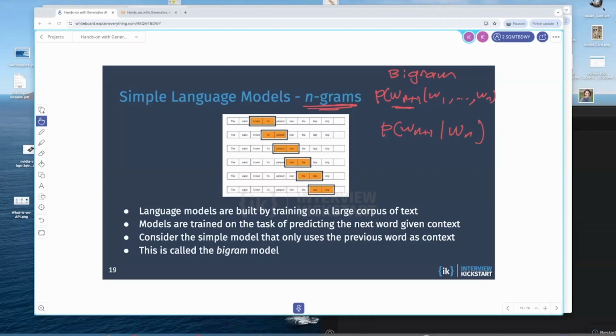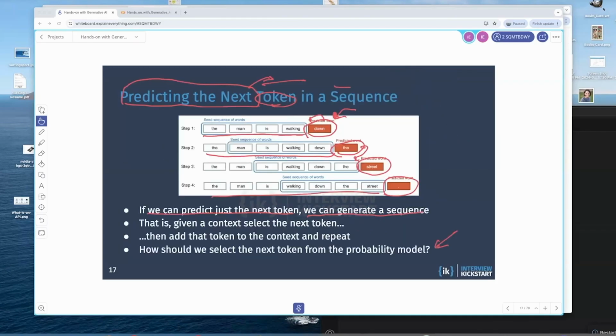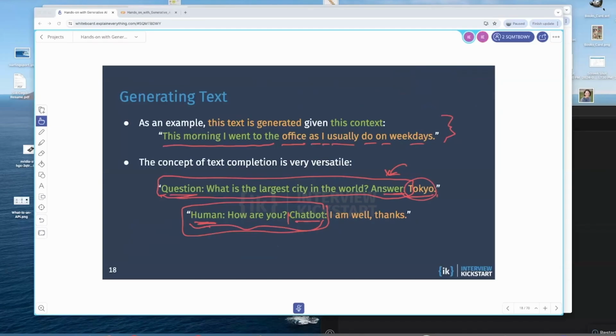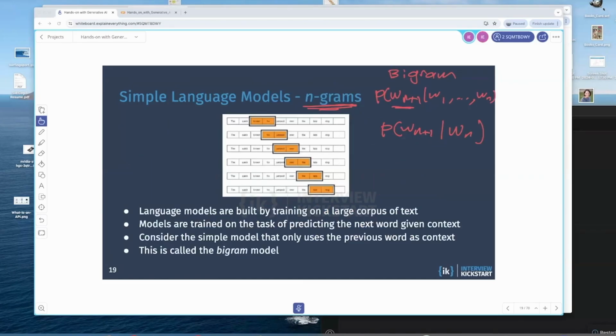So in other words, if I was looking at this example, "This morning I went to," it says, I'm just going to look at the last word in the context, and try to generate probabilities of what could come next, given just the last word. Well, something like that's actually relatively easy to build, but it's going to be a pretty bad language model, right?